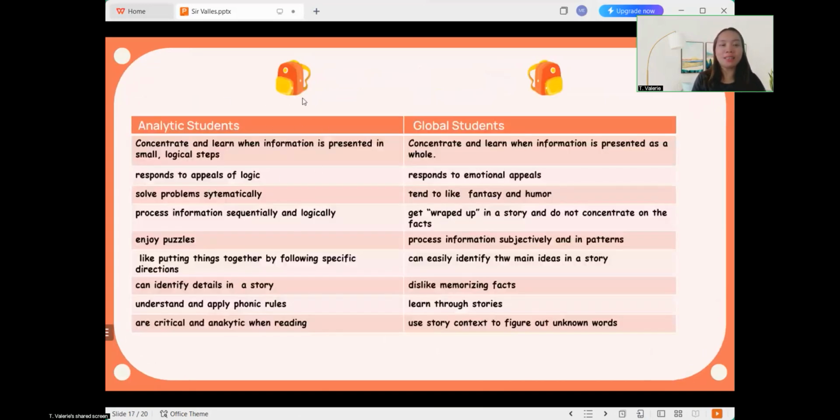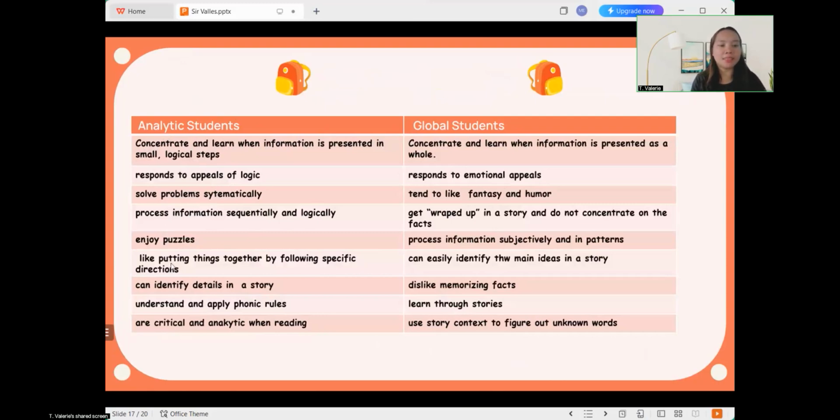Now let's analyze the analytic students and global students. When we say analytic students, these students concentrate and learn when information is presented in small logical steps, respond to appeals of logic, solve problems systematically, and process information sequentially and logically.